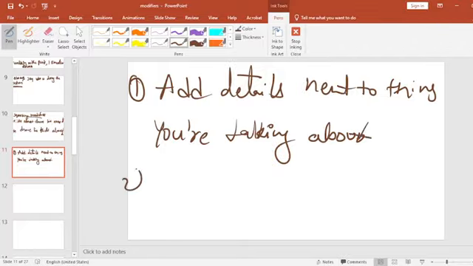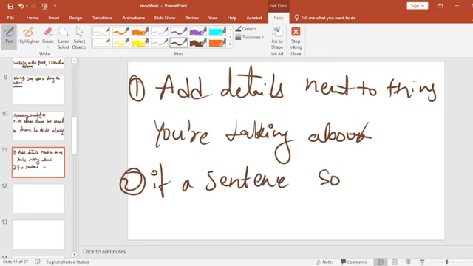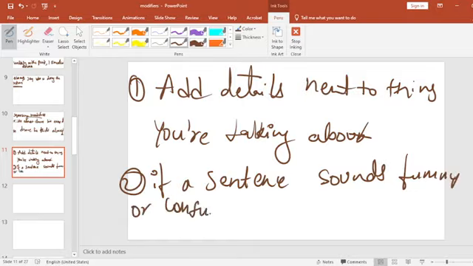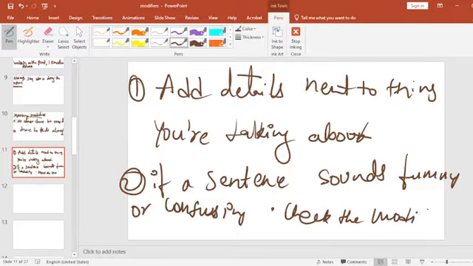Okay. Add details next to the thing you're talking about every time. If the sentence sounds funny or confusing for that matter, check the modifier. Check the modifier.